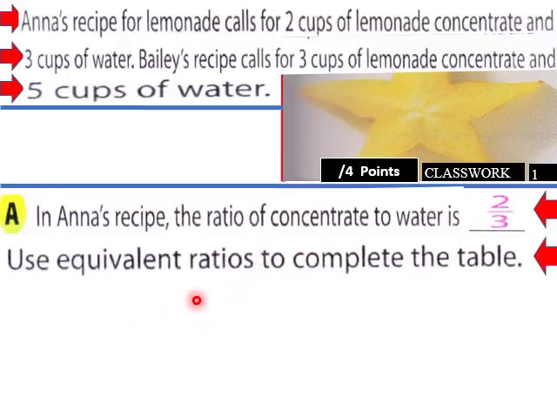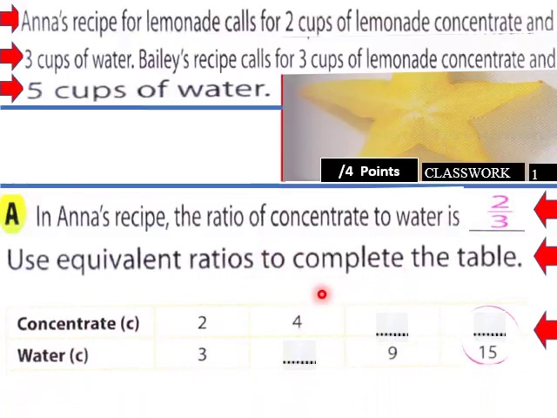Now use equivalent ratios to complete the table. We have 2 to 3, and then 4 to blank, blank to 9, and blank to 15. How would we fill in these blanks? 4 is twice 2, so 3 would be twice what? We multiply by 2 again.